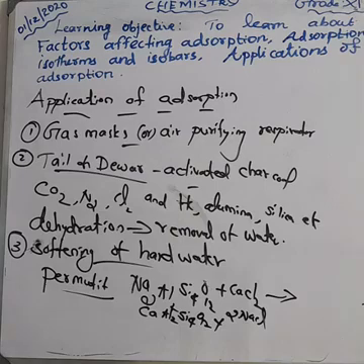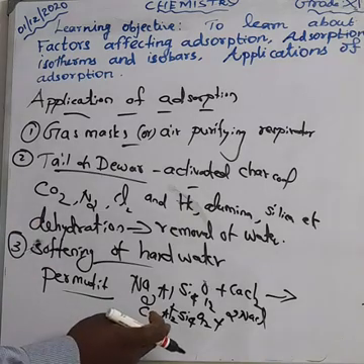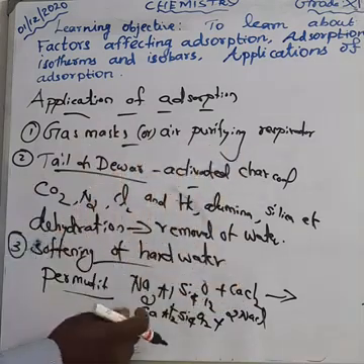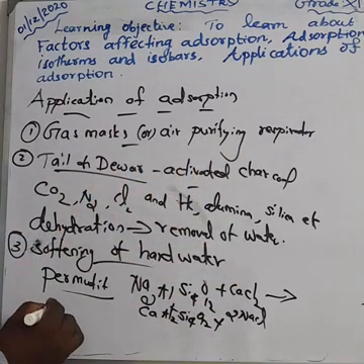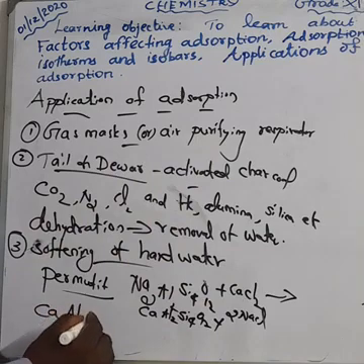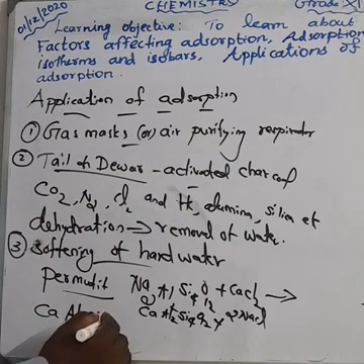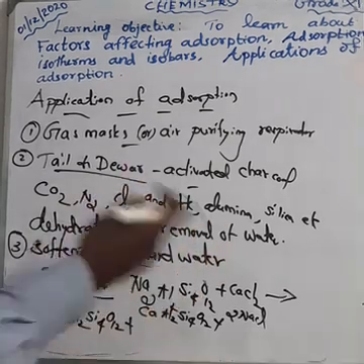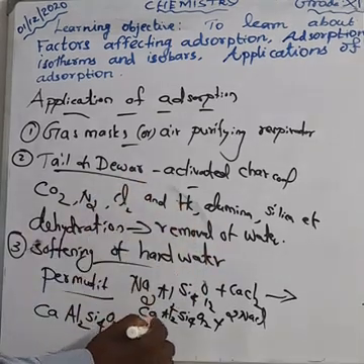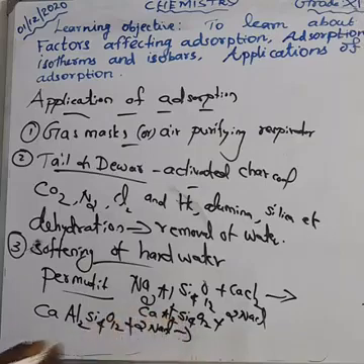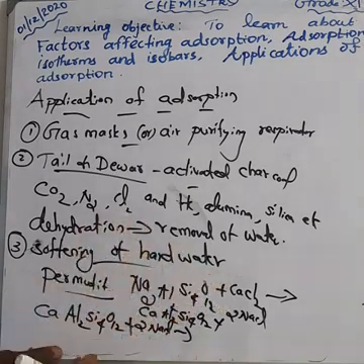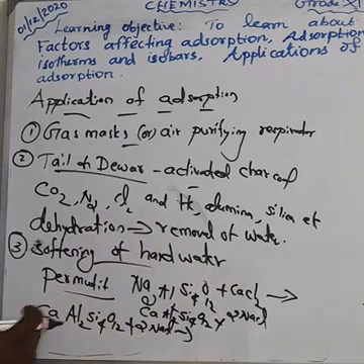Then the exhausted permutit, that is CaAl2Si4O12, again reacts with 2 NaCl. What is the reaction? Calcium combines with chlorine to form calcium chloride, and Na is attached here.